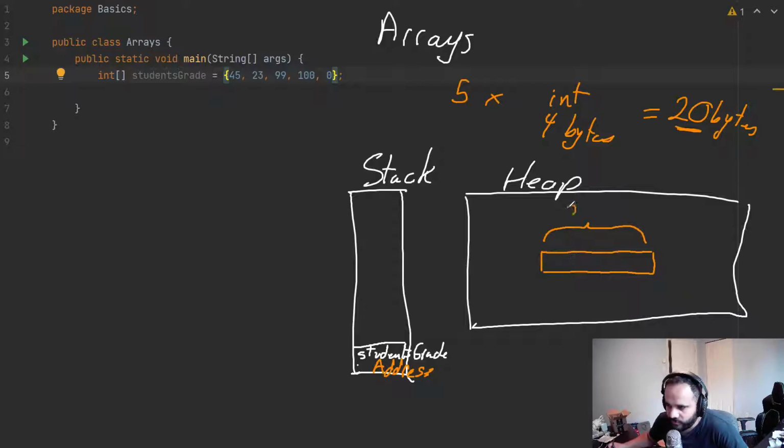So this is 20 bytes. So it found enough space, 1, 2, 3, 4, 5, and it found enough space to store those 20 bytes. And in this case, it said initialize them with these values. So we got 45, 23, 99, 100, and 0.